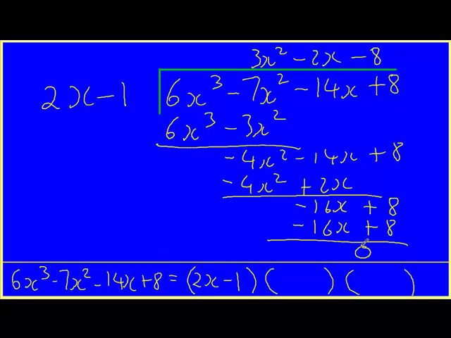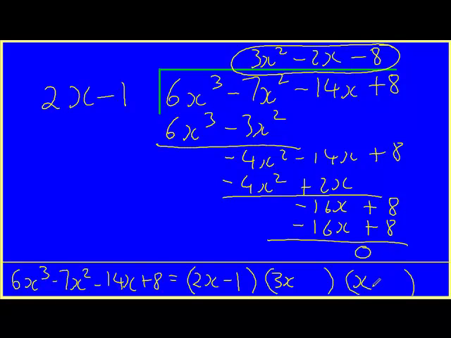The question asked, factorise completely this function. We've already been told that 2x minus 1 is a factor, so what I'm looking for now is to factorise this quadratic. So we'll put a 3x there and x there.